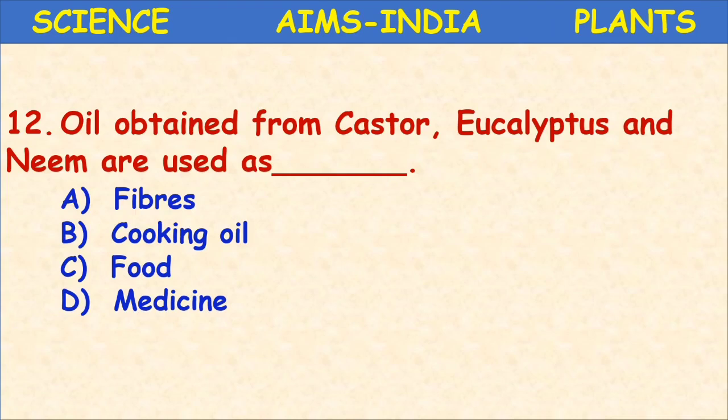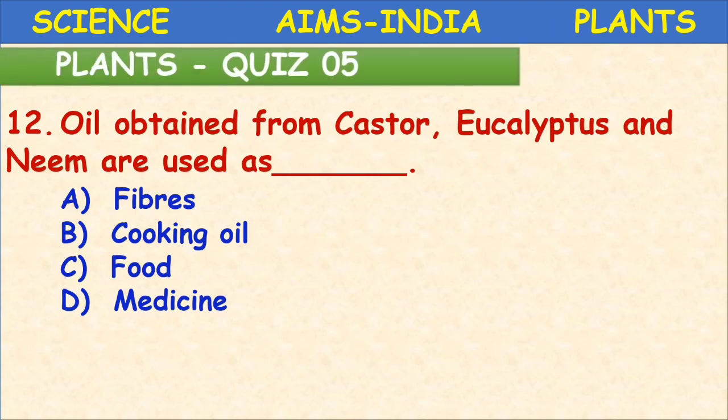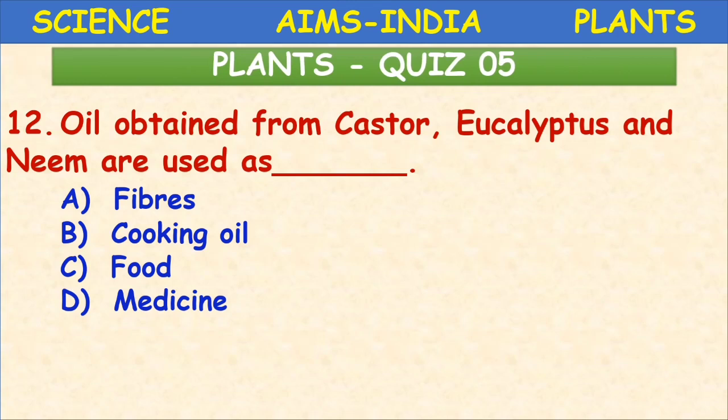How do we use them? A fibers, B cooking oil, C food, D medicine. The correct answer is D, medicine. These are medicinal plants. Okay, children? Clear?